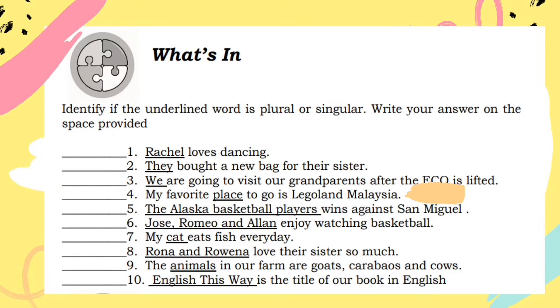Let us try number 1. Rachel loves dancing. The underlined word is Rachel. The correct answer is singular. It is singular because Rachel refers to only one person. Now, do the rest.